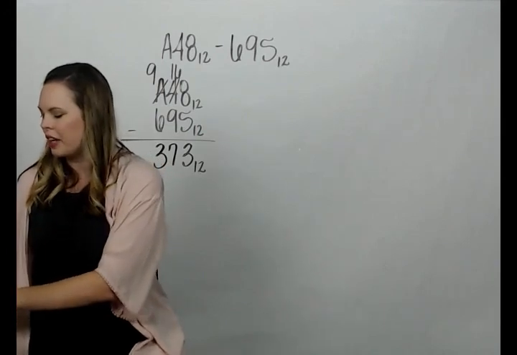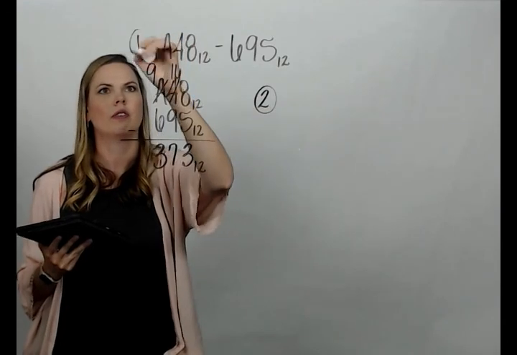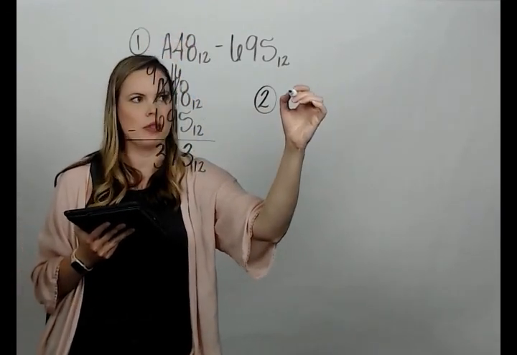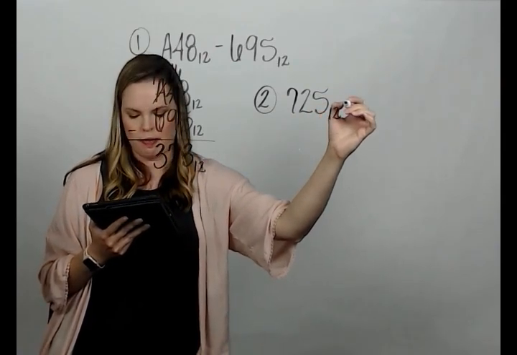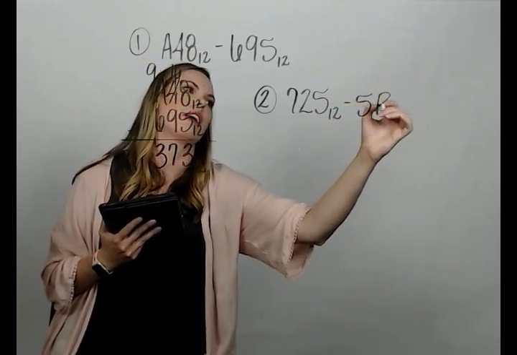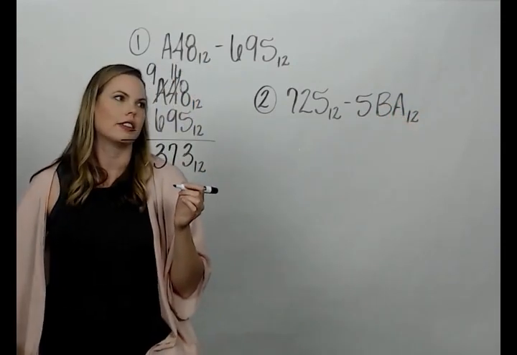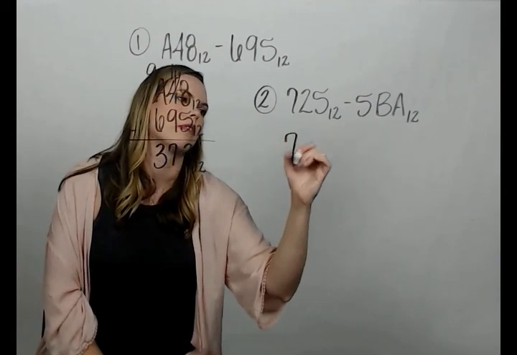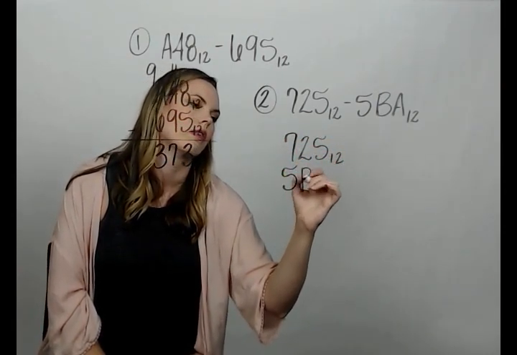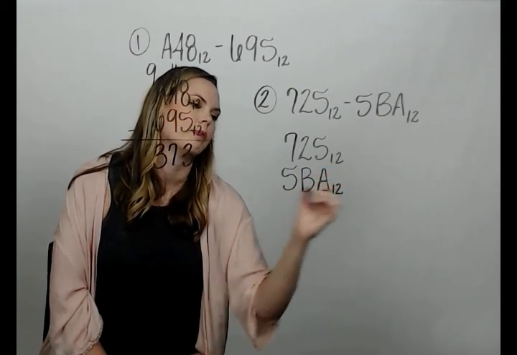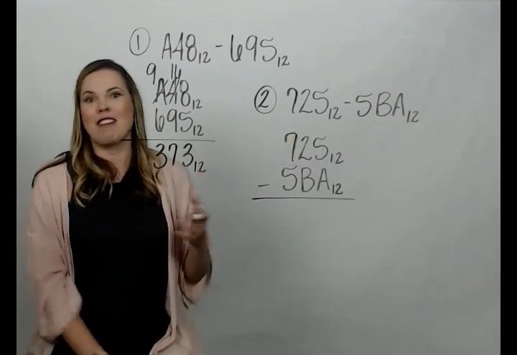All right, let's do another one. We'll do 725 minus 5BA. Okay, set this one up. All right, we need to take 10 from 5 and we can't do that.